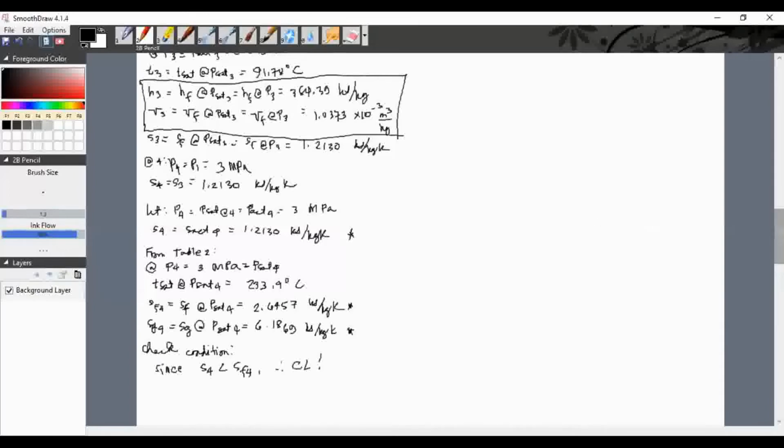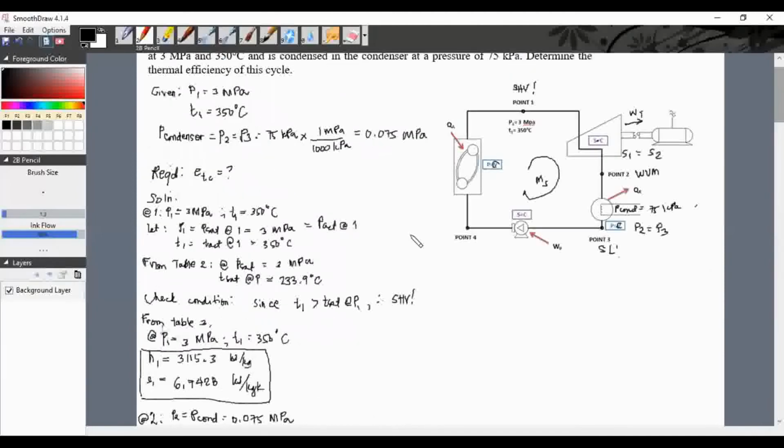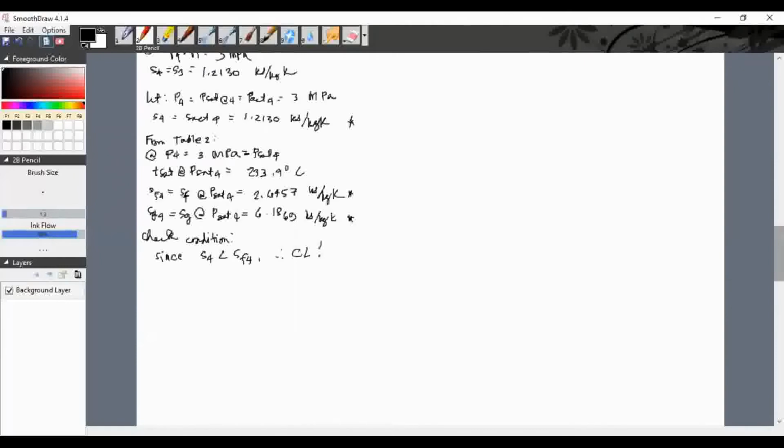So kung compressed liquid yan, S4 is equal to S3. Okay, so kung yun ay compressed liquid, po-proceed tayo sa table 4. At kung makikita nyo sa table, wala agad yung value. So mag-i-interpolate pa tayo.